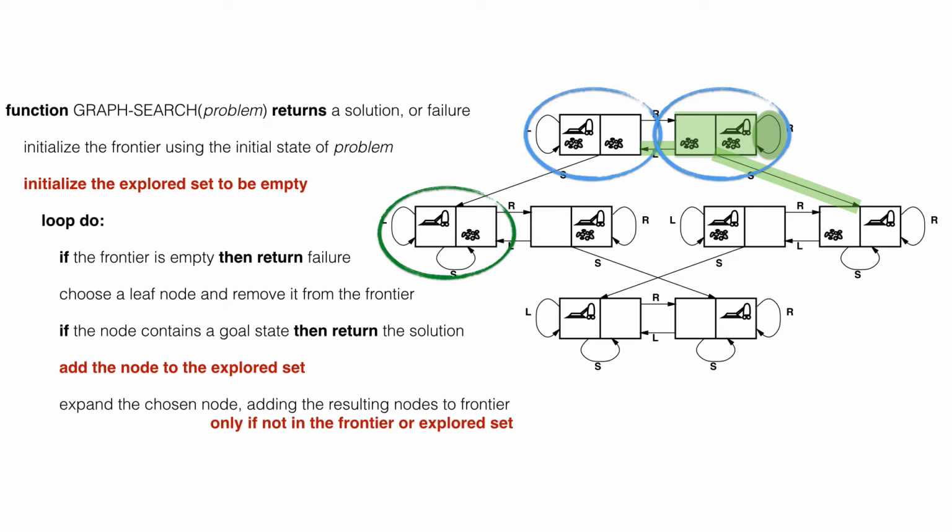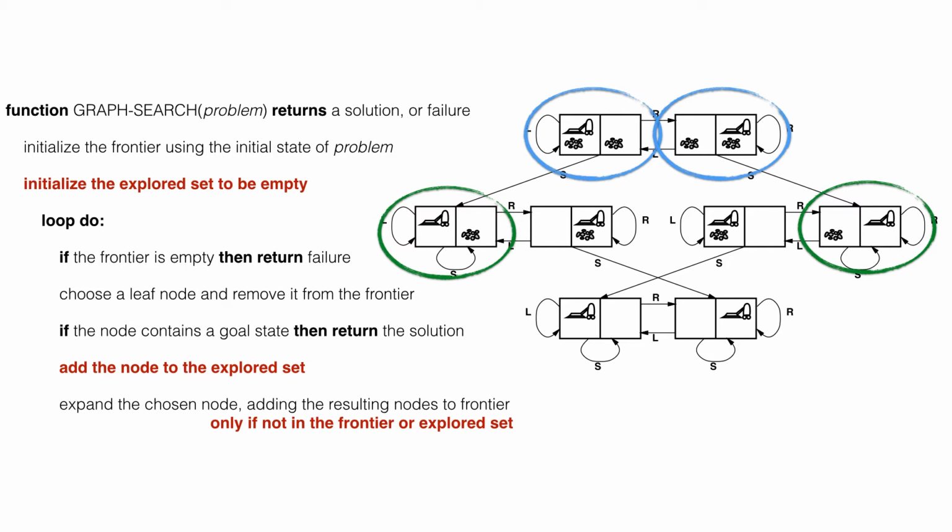If we go left, that state has already been visited. It's circled in blue. If we go right, we're back in the current state, which we've already visited. So that's also in blue. But if we activate the suction, that's a new state, so we should add that to the frontier. We don't want to add the top row ones, but we want to add the one on the bottom right with the check mark. And this becomes a new frontier, and this will continue on and on.